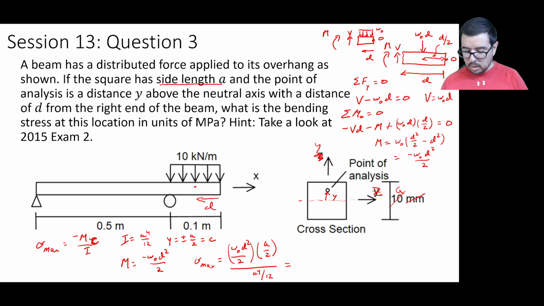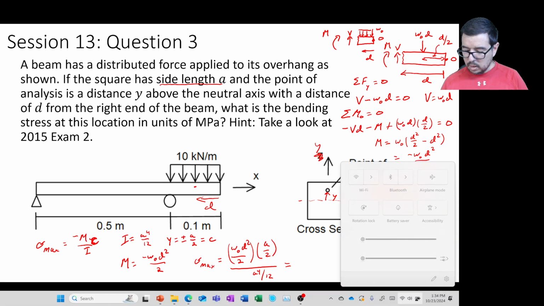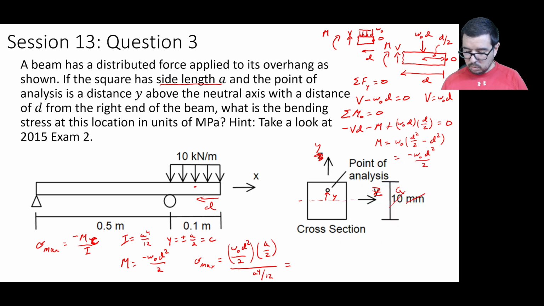So this means that we're going to get 3 omega naught d squared all over a cubed. I hope I didn't do any of the math wrong, because that part I was doing on the fly, right? But that's going to give us the max.